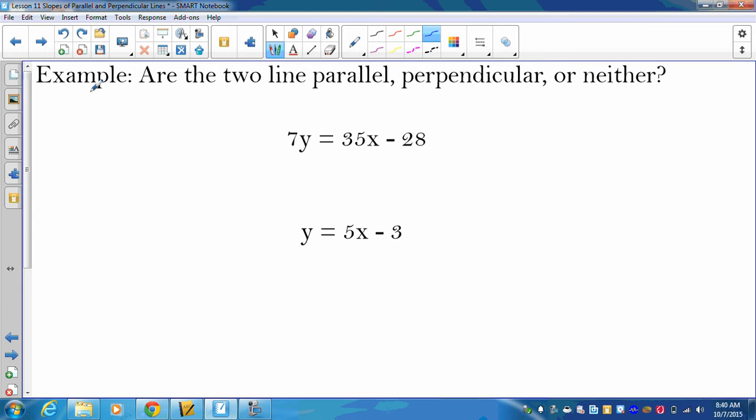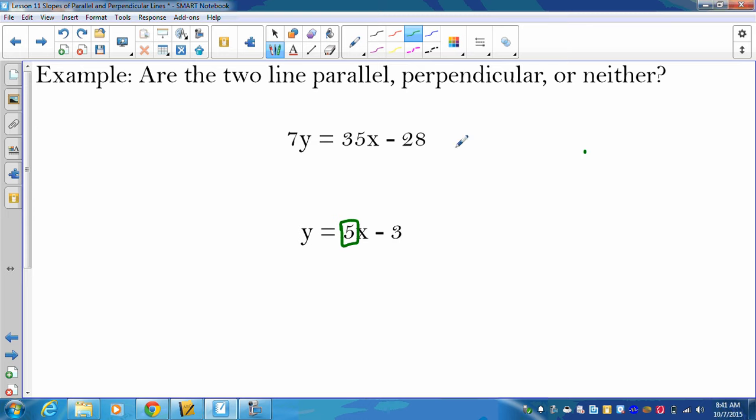So go ahead and give this one a shot. Tell me if these lines are parallel, perpendicular, or neither, which means they intersect but are not parallel or perpendicular. So the second equation is in slope-intercept form because y is by itself. So the slope of this equation is 5.